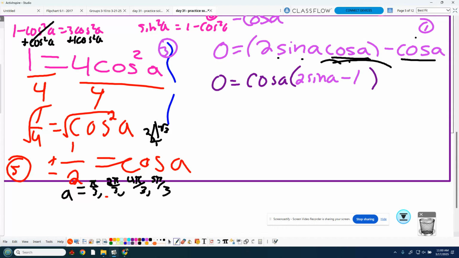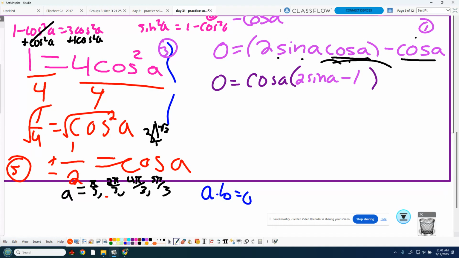What now? Even if I tell you A times B equals 0, this thing times this thing equals 0. What do you know about A or B? One of them has to be 0. So that's the next step. What does that mean? Algebra, my friends, you hate it. Collectively, you dislike it.